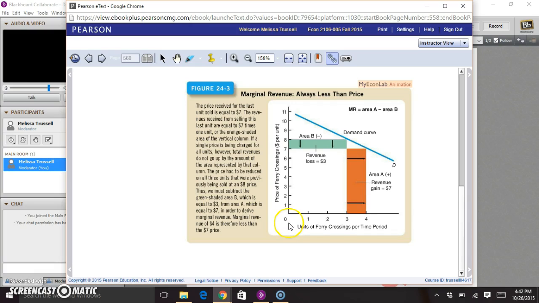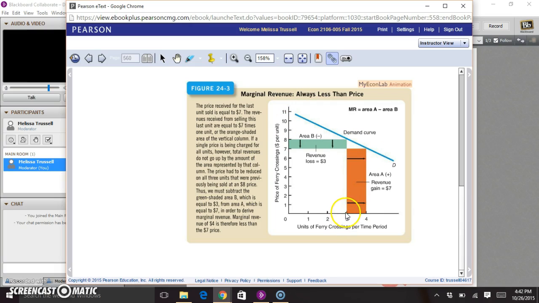And so you get to choose how many times you want to cross the water. Say you choose 3, for example. You choose you want to cross the river or the water 3 times, which means your price is going to be what? You will always set your price based on what the demanders, the consumers, are willing to pay. And that willingness to pay, remember, is shown by the demand curve.